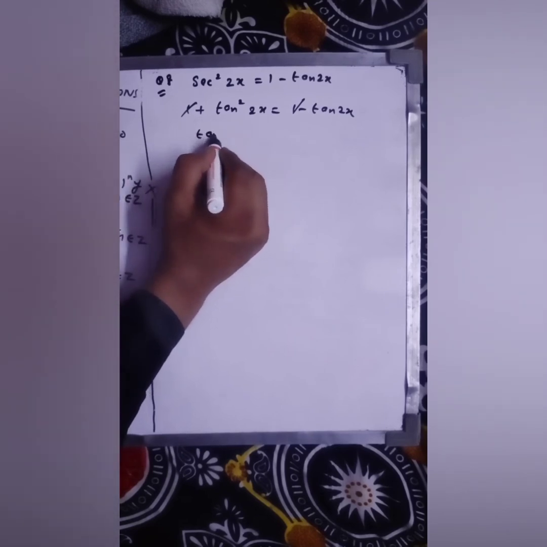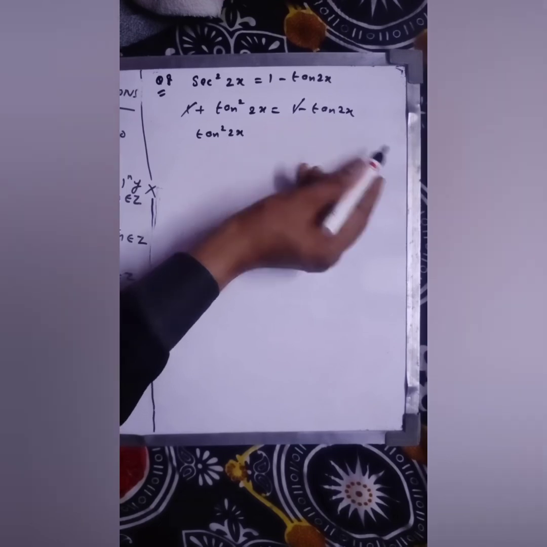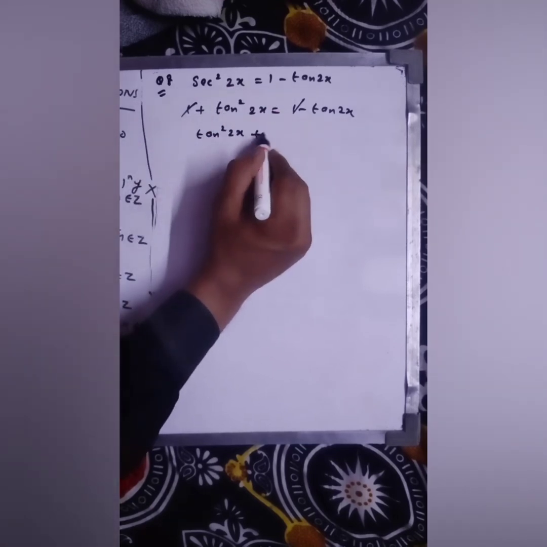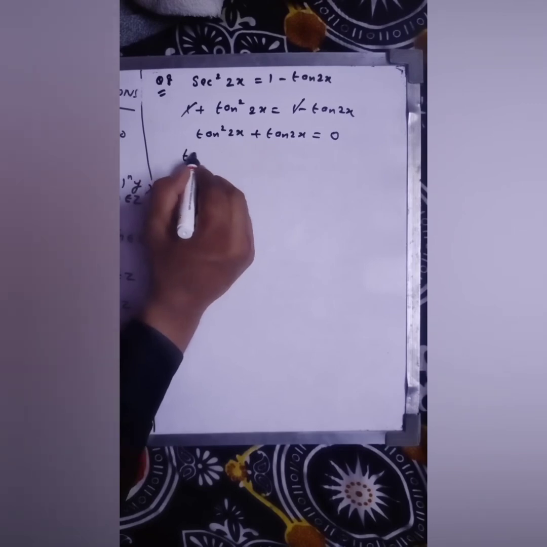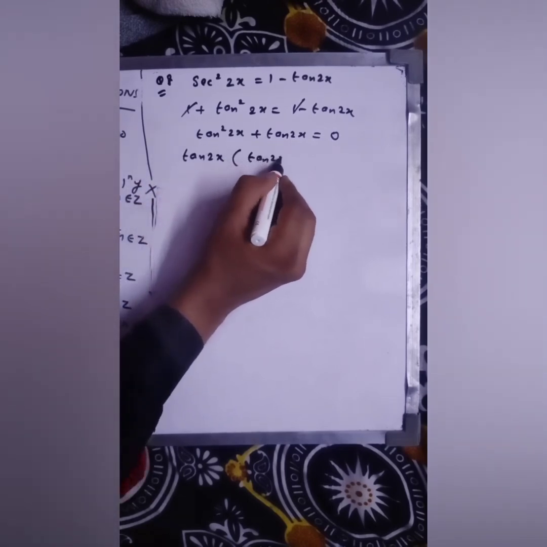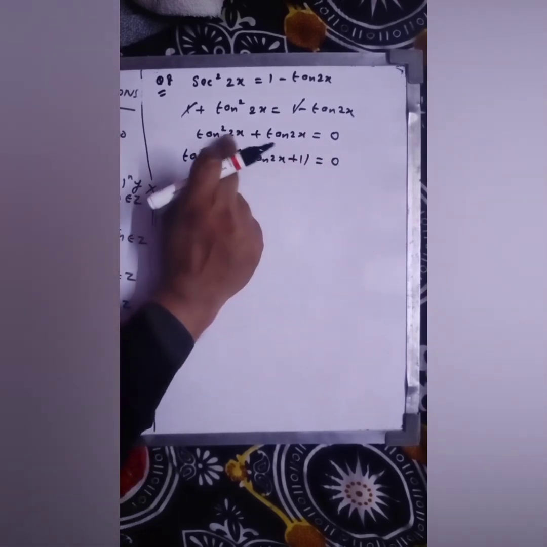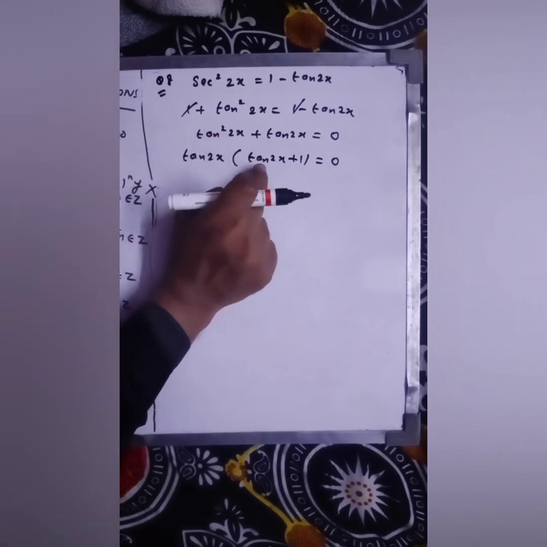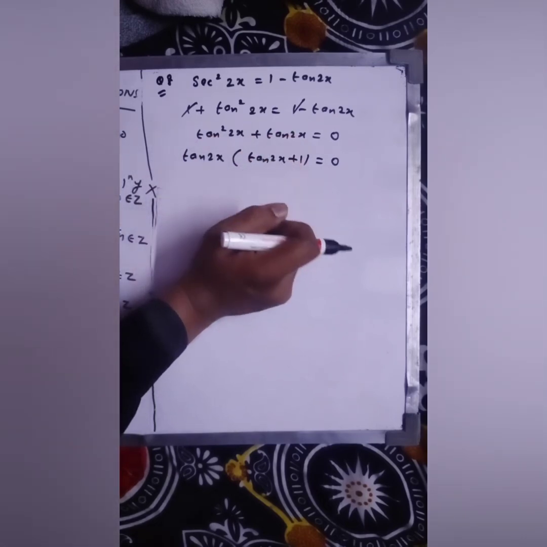Here tan square 2x is coming, and you have to bring this minus tan 2x on this side, so it would be plus tan 2x, that is equals to 0. Got it? Now tan 2x you can take common, and here tan 2x plus 1 will be in bracket. When you take tan 2x common, here you will get tan 2x plus, and at a place of this you will get 1.